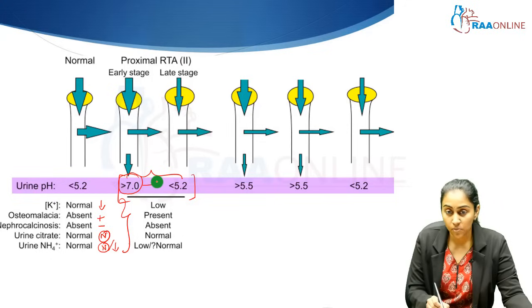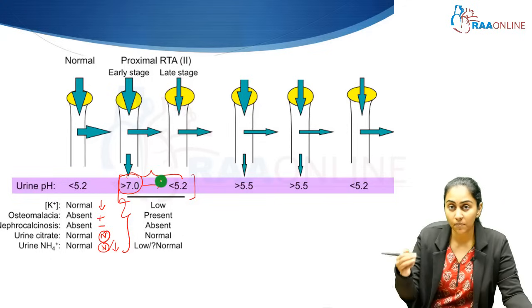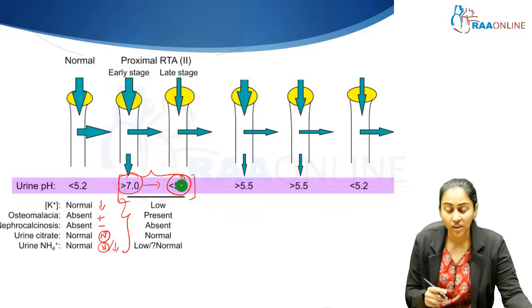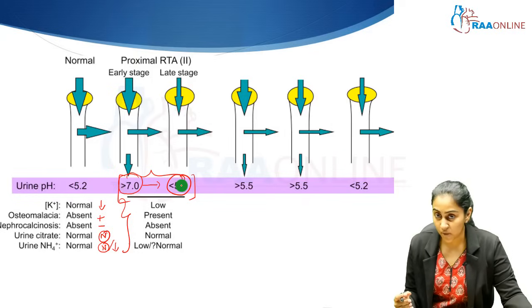But as the disease progresses, what happens? The serum bicarbonate drops and therefore these reabsorptive mechanisms become active again, resulting in an acidic urine. So whenever you have an acidic urine in patients with proximal renal tubular acidosis, that usually indicates a late stage of proximal renal tubular acidosis, and bicarbonate hardly falls below 16 in these patients.